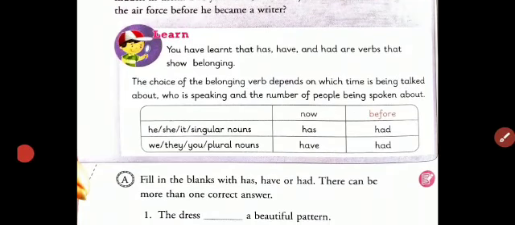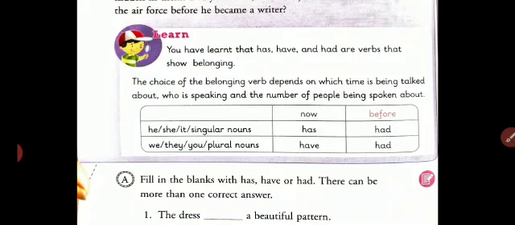Let's understand the table. You may learn that has, have and had are verbs that show belonging. The choice of the belonging verb depends on which time is being talked about, who is speaking and the number of people being spoken about.